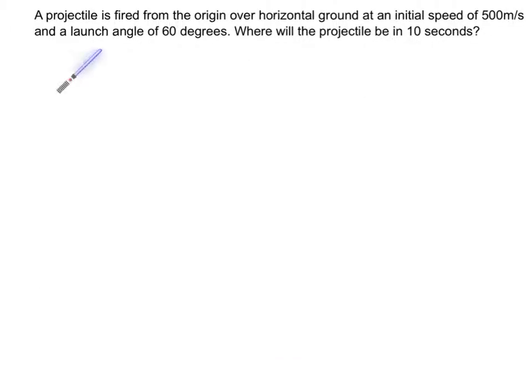In this example, we're going to look at a projectile that is fired from the origin over horizontal ground at an initial speed of 500 meters per second. It is launched at an angle of 60 degrees. The question is, where will the projectile be in 10 seconds? So let's draw a picture. So here's our horizontal ground.